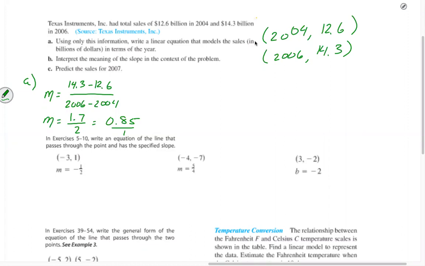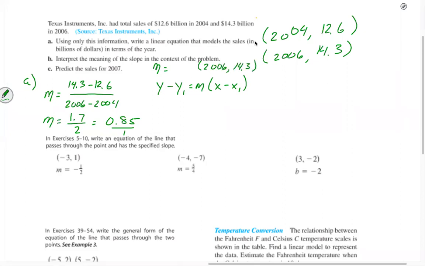Now I need to write the equation. So Jay, which point do you like better, 2004 or 2006? Jay likes 2006, so to write the equation of the line, I'm going to keep writing it in green. We're going to use the point-slope form: y minus y1 equals m times x minus x1. You chose the point of 2006 and 14.3.